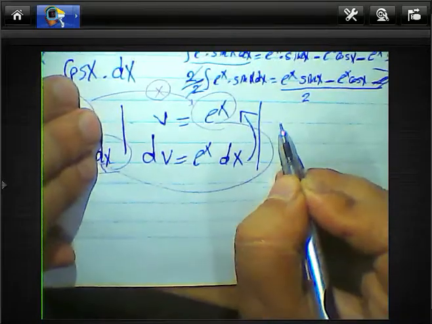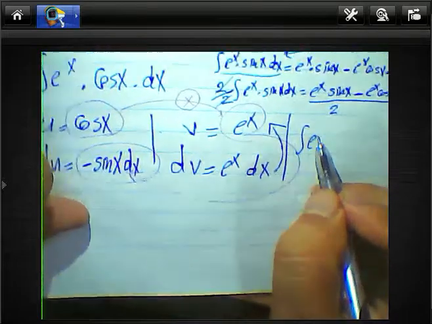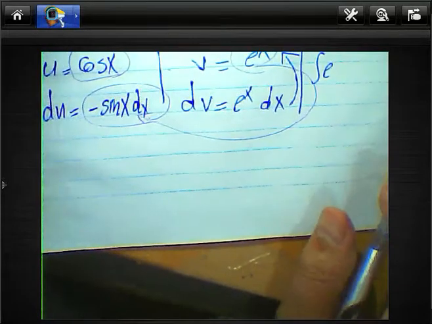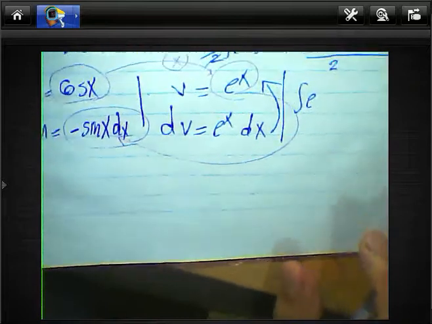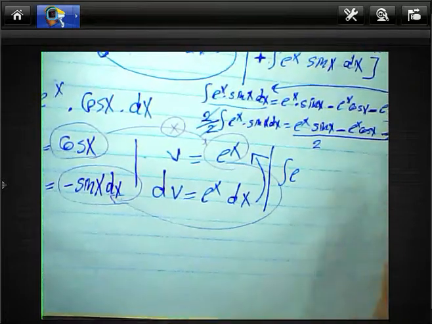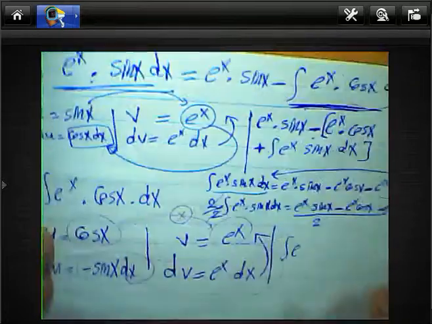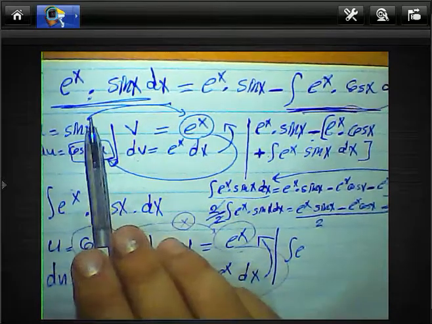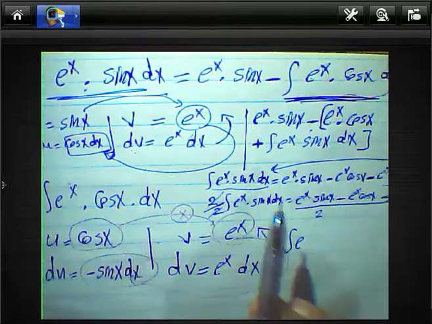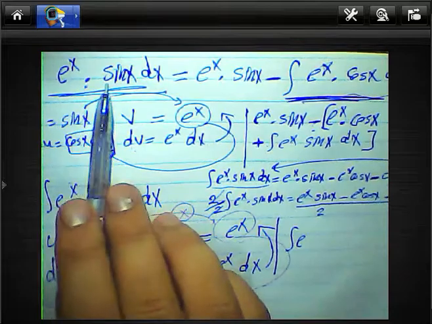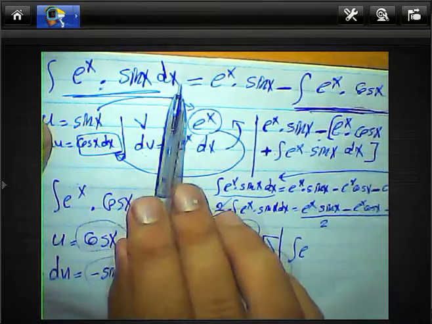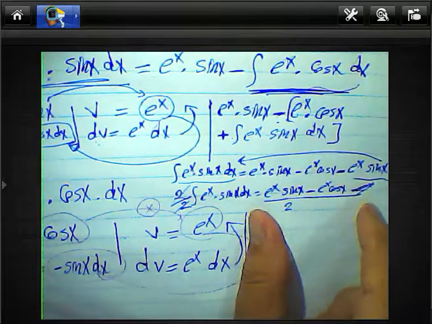So the result will be the integration of this expression, we can divide it by 2, the integration of e power x sine x dx equal this result.